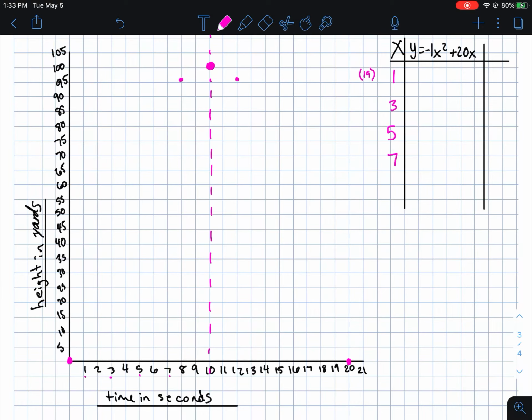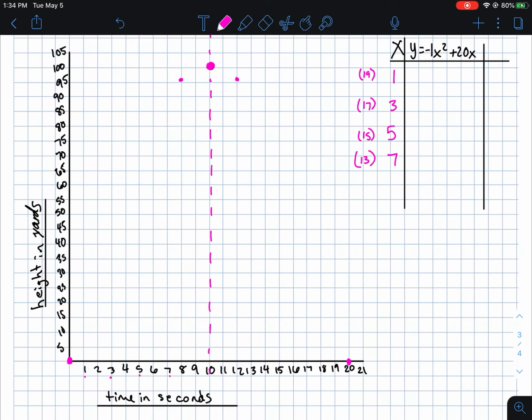When I do 3, that would be 17. When I do the value of 5, that would be 15. And when I do the value of 7, that would be 13.